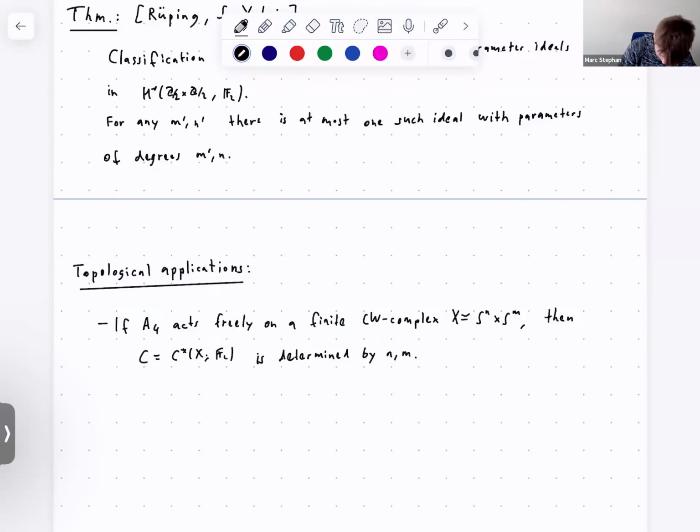And also the homology of the quotient. So since we have a free action, this is the Borel homology, which usually should tell you something about the action, is also only determined by the degrees.